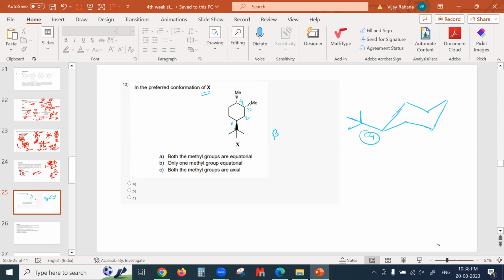And at the C3, this methyl group is directing downward, and the second methyl at the C4 is also directing downward. So this is the structure, and I will just draw the remaining hydrogen atoms for understanding. So this is the structure of this molecule.